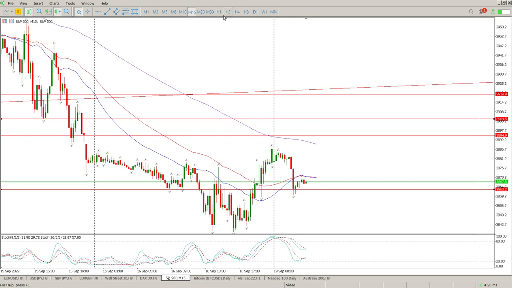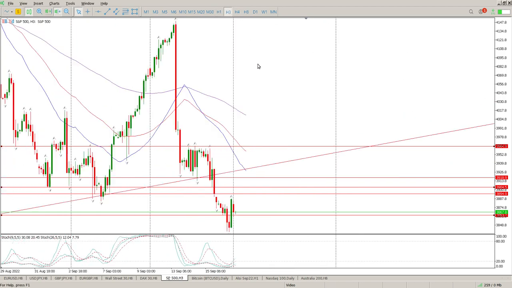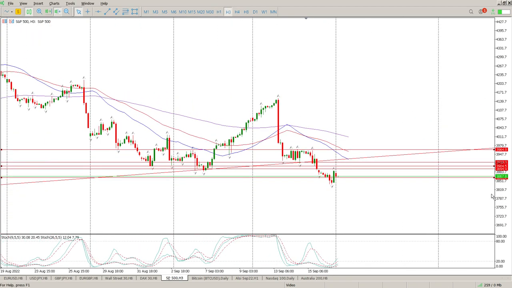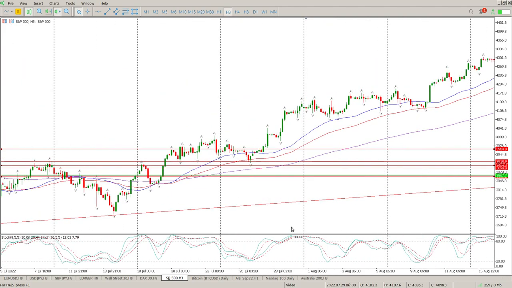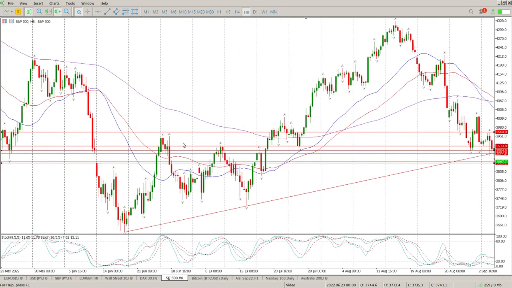Targets to the downside, let's just get to the 3 hour for the targets. So you do have quite a few targets. Each one of these tails on the 3 hour are going to offer support.